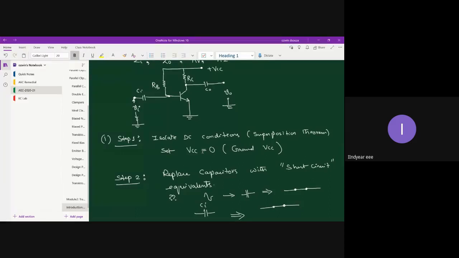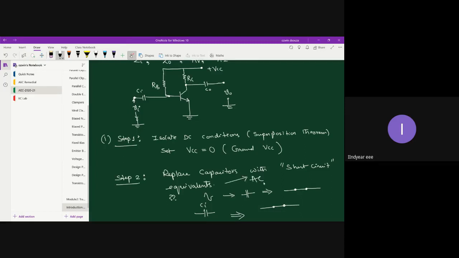So how do we do it? We ground VCC to 0, right? And we also replace all capacitors with short circuit equivalents, because this is for AC circuit. Let me write here: this is for AC circuit.